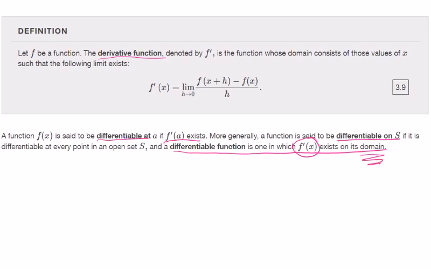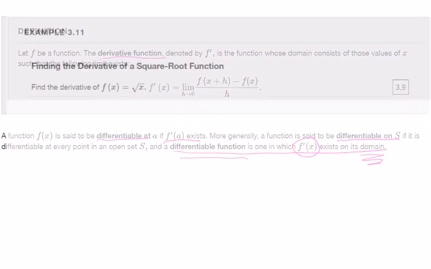So for every x value, f prime works. You could take f prime of any value along that function and it works. That's a differentiable function, so that means we can find the derivative at any point. And we'll come back to this idea of differentiability, and we'll talk about it in relation to continuity and in relation to finding limits as well.